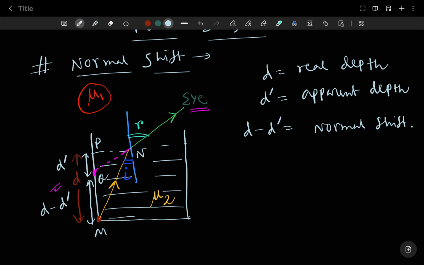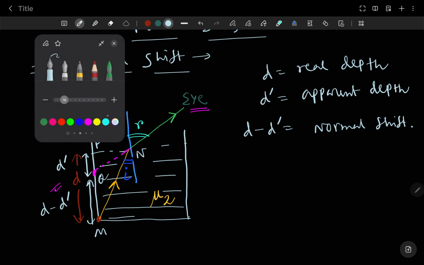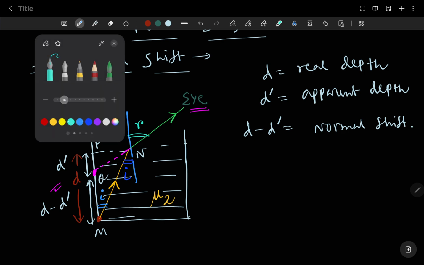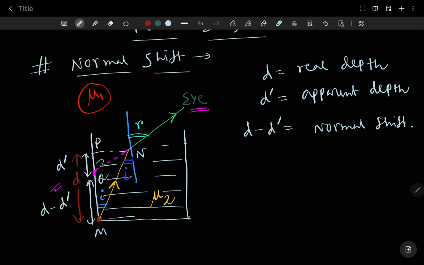So if this angle is I, we know that this angle will also be I, this will also be I, okay, this is the alternate angle, and if this angle is r, then this angle will also be r, this corresponding angle, right?